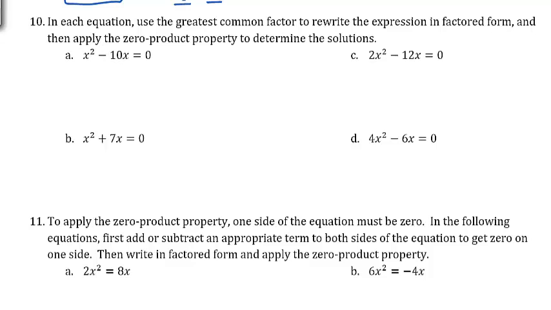They both have x's. This one has 2 x's, this one only has 1. And so our GCF is going to be just x. And remember, you're dividing both of these by x, and that's what goes in our parentheses. So x squared divided by x gives me x, and negative 10x divided by x gives us minus 10.